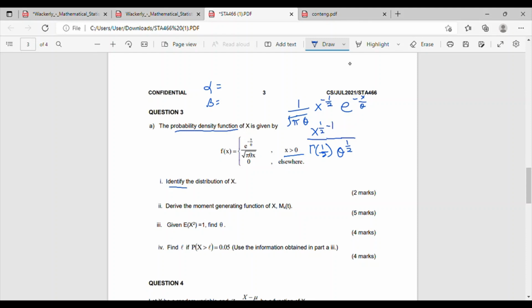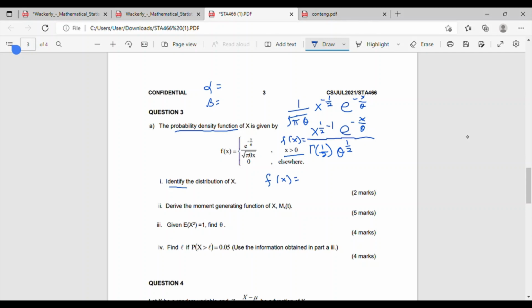So akan dapat negative half. E power of negative x over theta. Okay. So kalau comparekan dengan gamma distribution. Okay. So this is like this. Comparekan dengan gamma distribution.